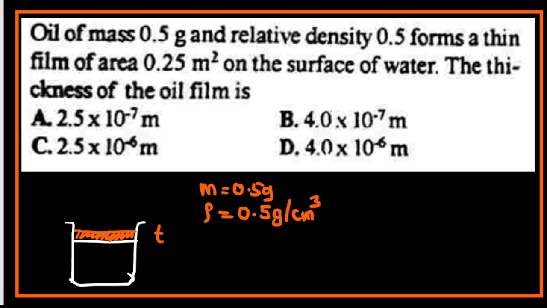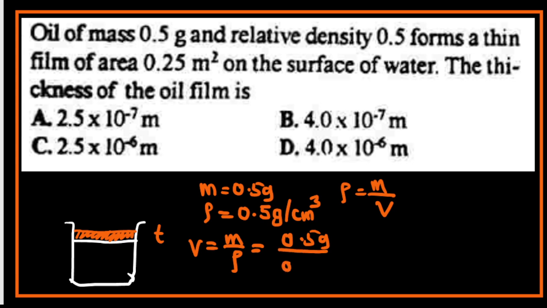From density being mass over volume, you can tell that volume should be equal to mass over density. So what would that be? 0.5 gram divided by 0.5 gram per cm cube. Sorry, the volume is 1 cm cube.